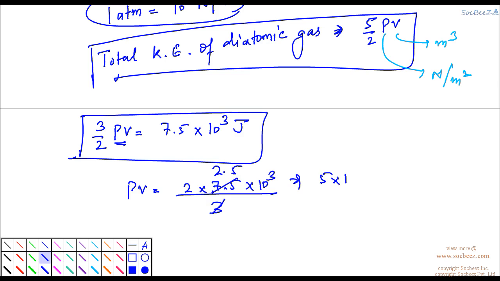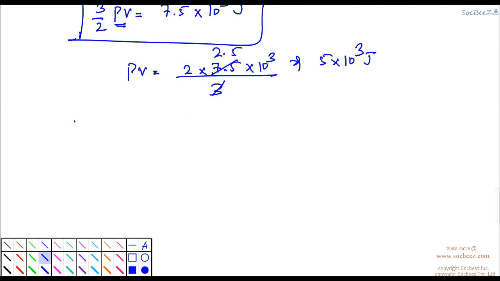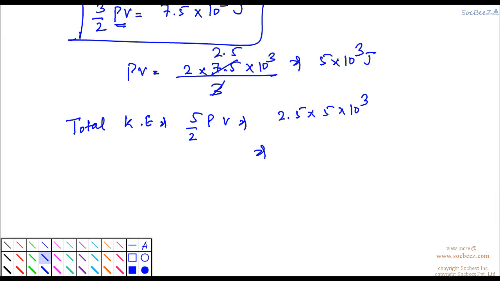So it would give us 5 into 10 raised to power 3 joules. And we can directly use it to calculate the total kinetic energy, which would be equal to 5 by 2 into PV, that is 2.5 into 5 into 10 raised to power 3, that is 12.5 into 10 raised to power 3 joules.